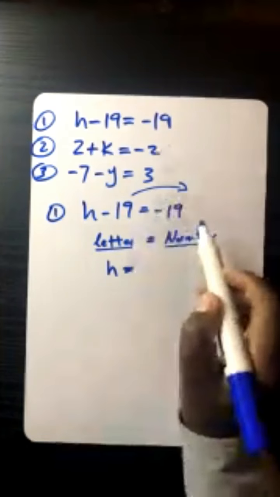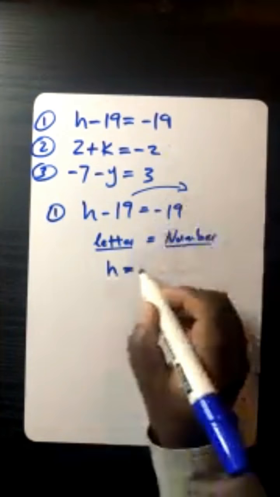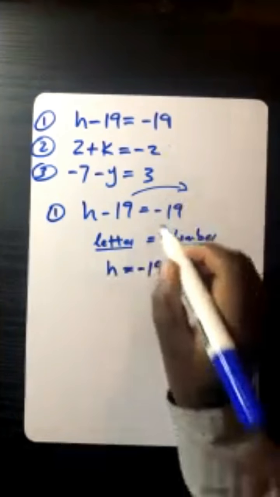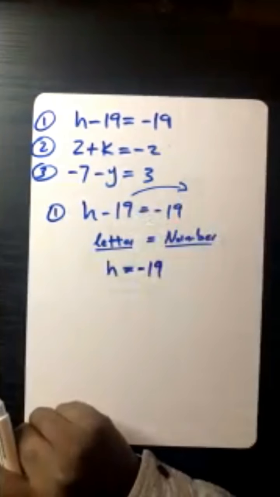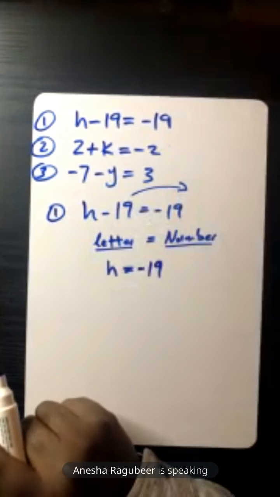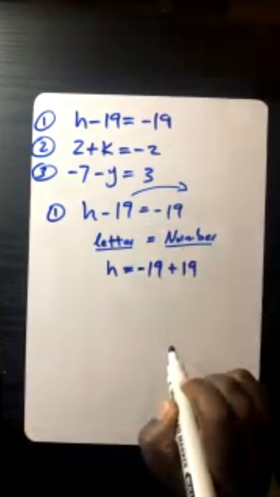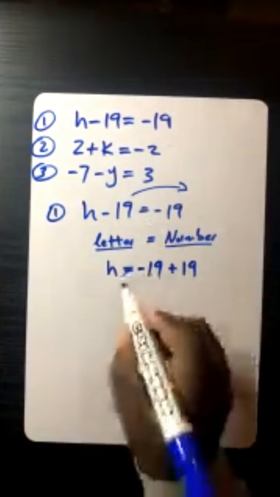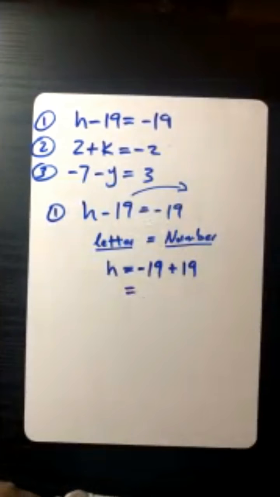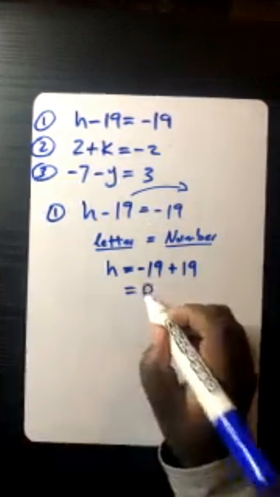This one? Yes, sir. Okay, so it means it's the one on the right side of the equal sign. Okay, then continue. Plus positive 19. Plus 19. Yes, sir. Okay, which is equal to 0. Which is equal to 0.